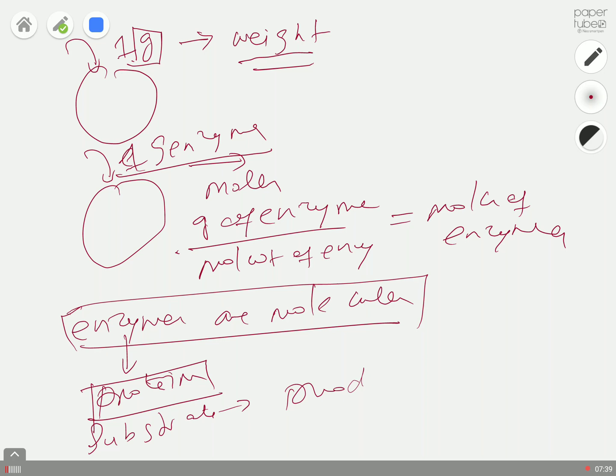At the moment we are just covering the basics of enzymes. Remember, this is bioprocess engineering, so we don't have to go too much into the biology part, but we should have some basic understanding of what enzymes are. At least you should know enzymes are molecules.